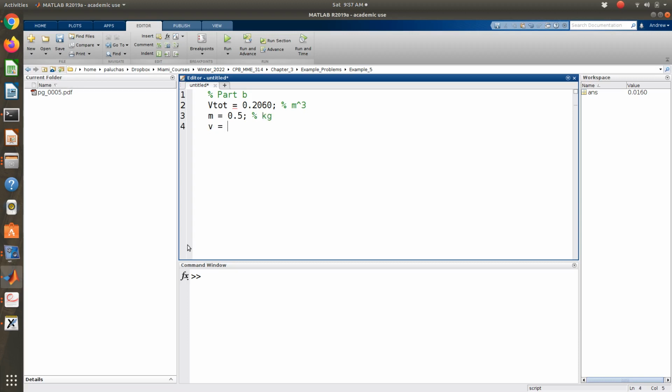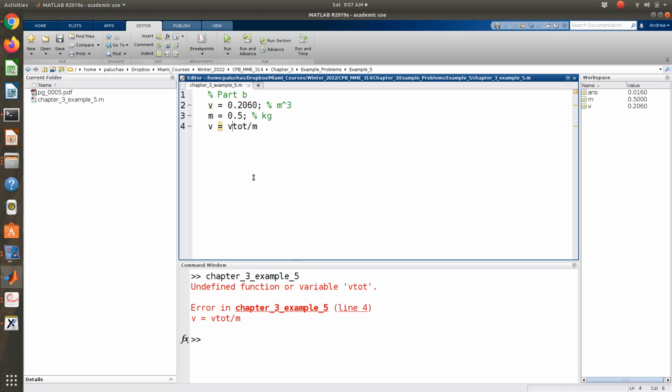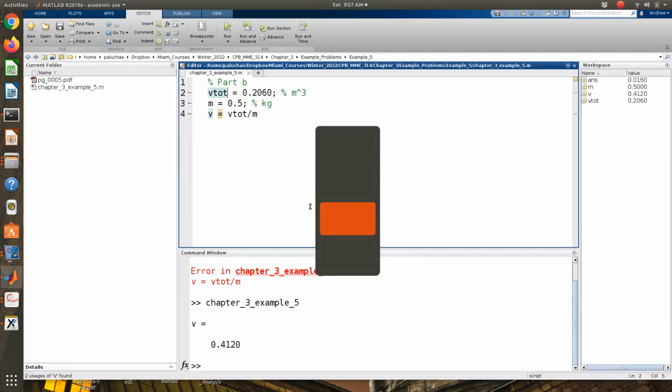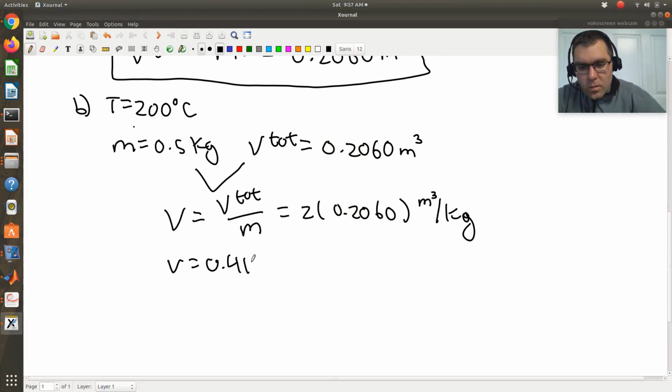So my specific volume is going to be V total divided by mass. I called this V total. So we get 0.4120, and that's meters cubed per kilogram.